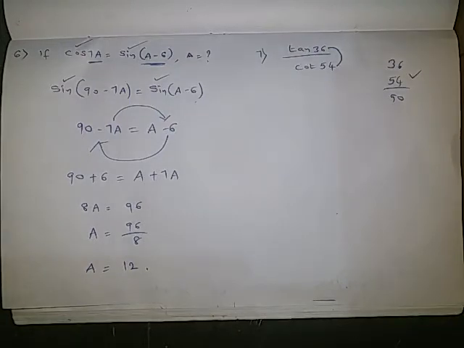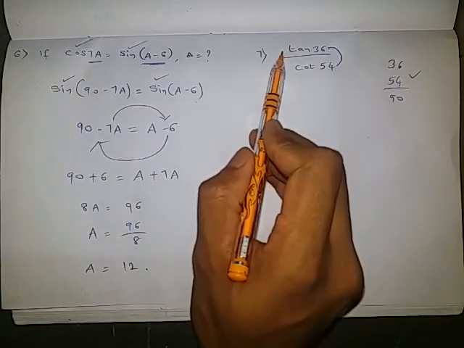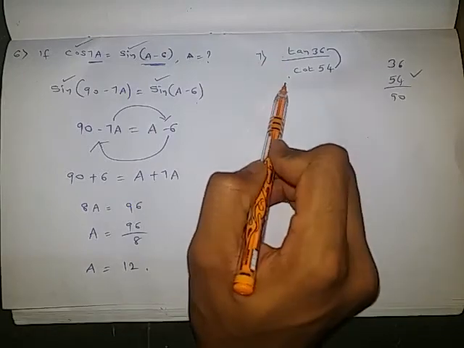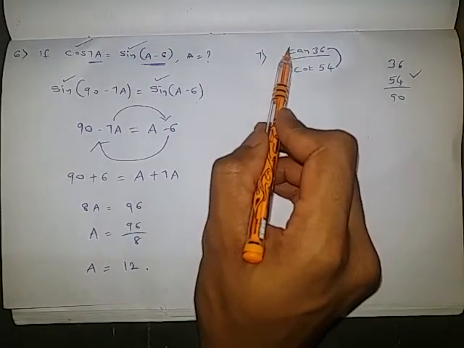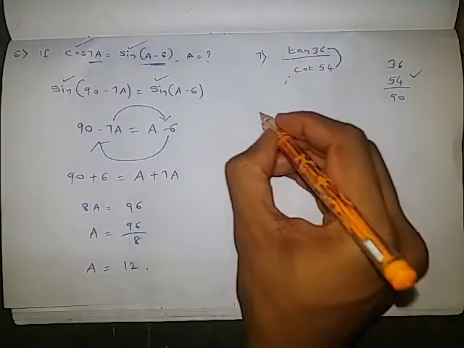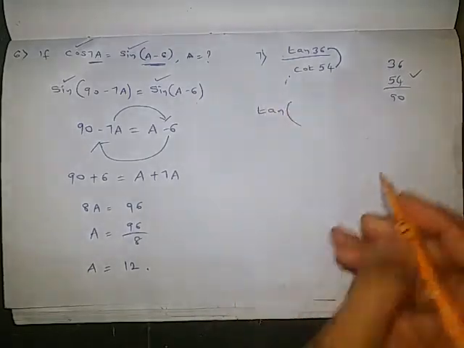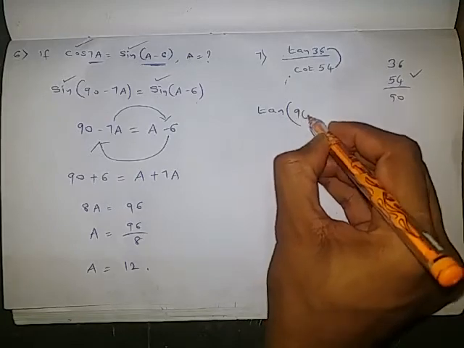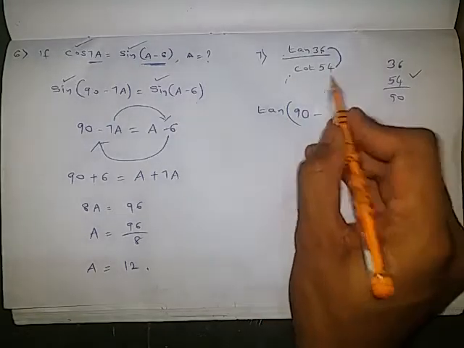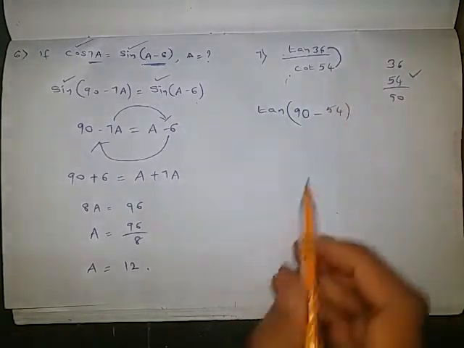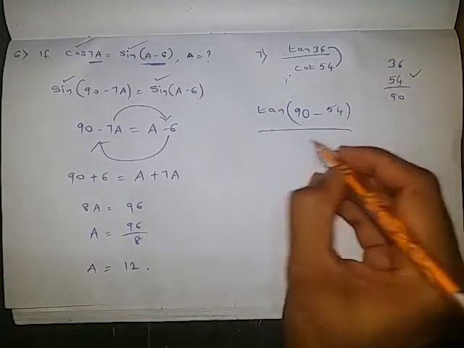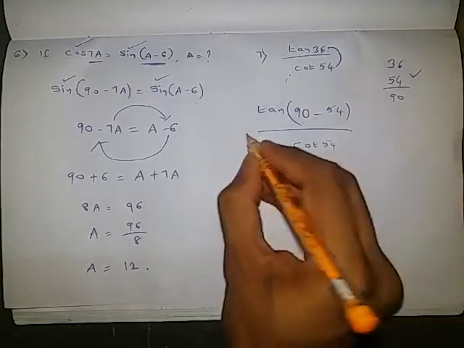So let us check how to solve now. Either you need to change the upper one or the lower one, either numerator or denominator, only one you need to change. Now I am interested to change the upper one. So write tan, in the place of 36 you write it as 90 minus the lower number 54. 90 minus 54 is nothing but 36 anyway, whole divided by cot 54.